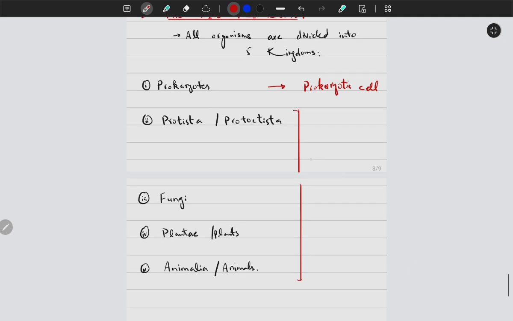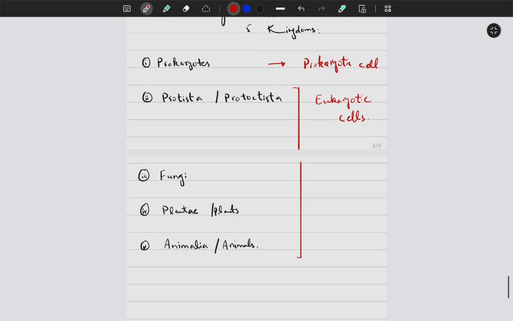So this is the first point you need to know. If you take a cell from the Protista kingdom or fungi or plant cell or animal cell, they would have nucleus at least at some point in their life.